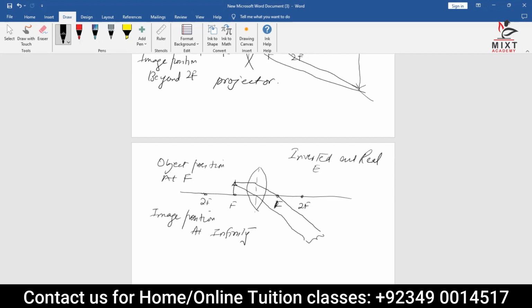So it will be enlarged, real and inverted. Now, which particular device uses this particular case? Any device that comes to your mind? Anyone? Any device which uses this case?